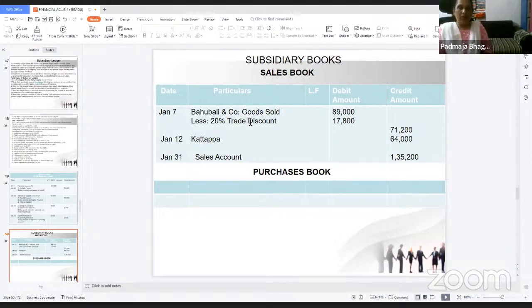So by the end of the month, what is the sales account? The sales account is 1,35,200. In the same format, the last total you are getting, you will be taking to the trial balance.